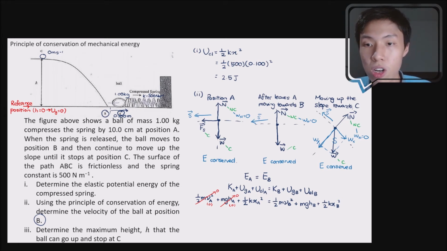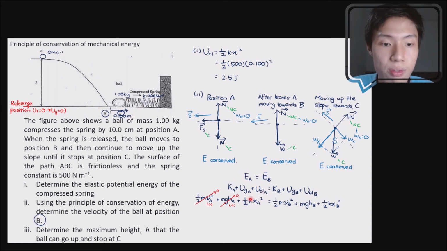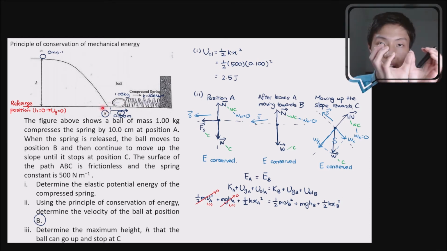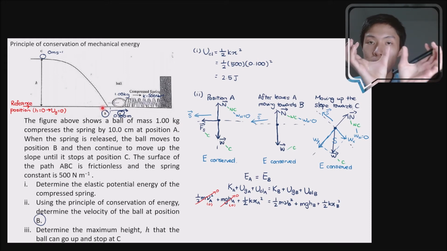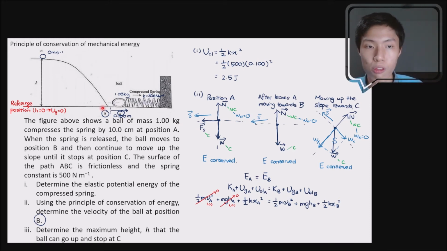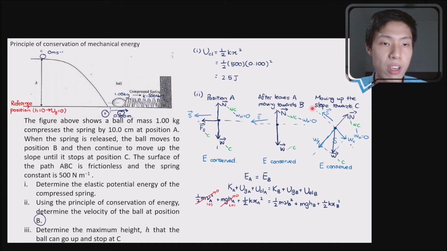Next, we look at the spring. The spring is now being compressed by 0.100 meter. Since it's being compressed, you should expect there will be elastic potential energy. So this one we have to leave here. Next, we look at position B. Once the ball has moved to position B, it must have some velocity. Because the ball has already left the spring, it will still continue to move. As I said just now, after it leaves A, moving towards B, there will be 0 total work done.